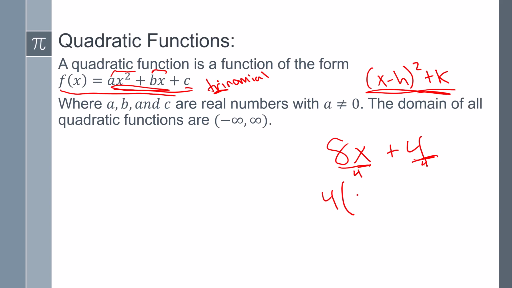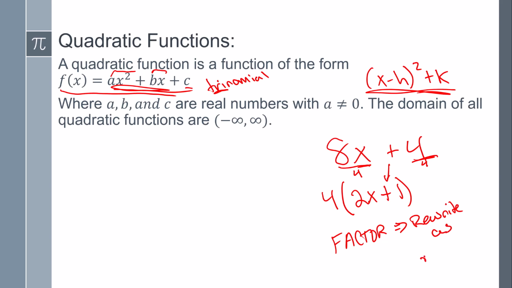So the 8 and the 4 reduce, so we get 2x plus the 4 over 4 reduces, and we get 1. That's factoring out something in common. The other thing that we have to realize is when we use this phrase factor, it means to rewrite as multiplication. And that's very important.